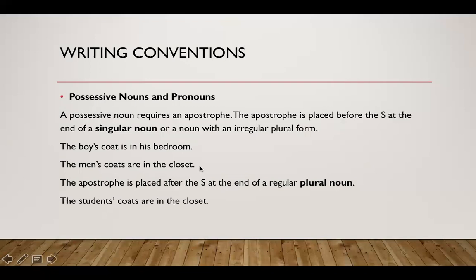In order to show possession, the coats belong to this group of men, you have to use the apostrophe S because it is an irregular plural form. So the coats belong to the men, and you use apostrophe S to show that they belong to them.